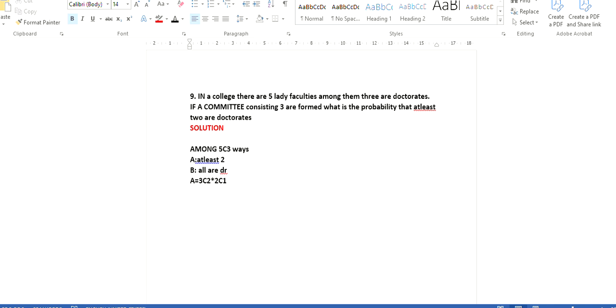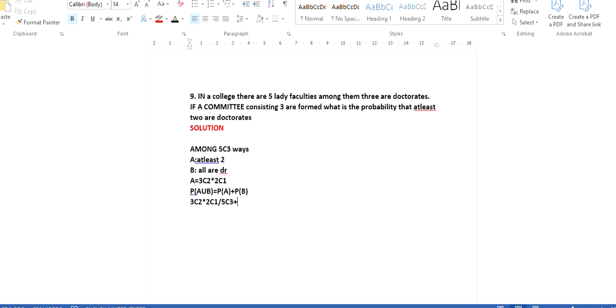So at least 2 are doctorates. What is the formula? Probability of A union B equals probability of A plus probability of B. Now substitute 3C2 into 2C1 divided by 5C3, the committee of 3 out of 5.